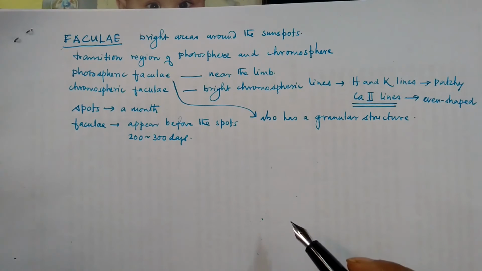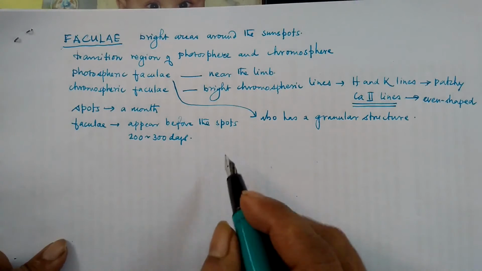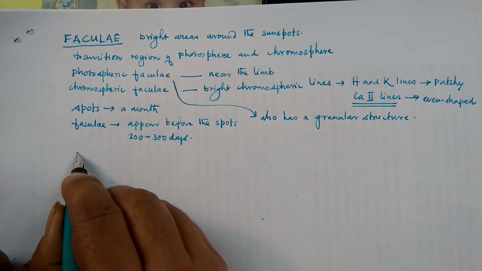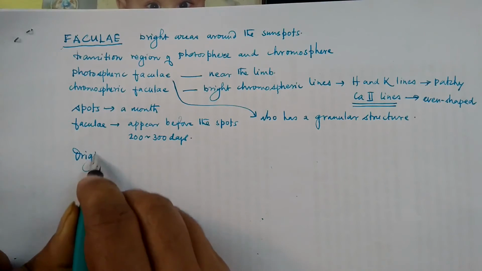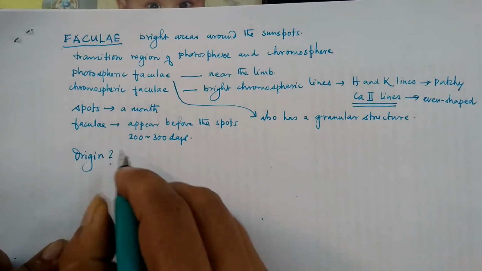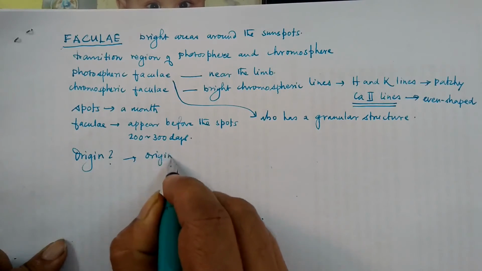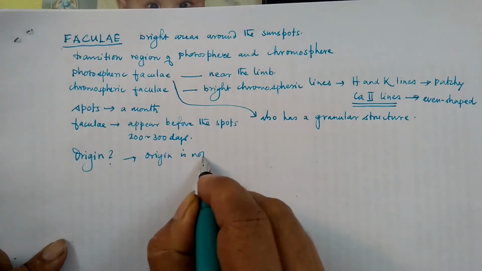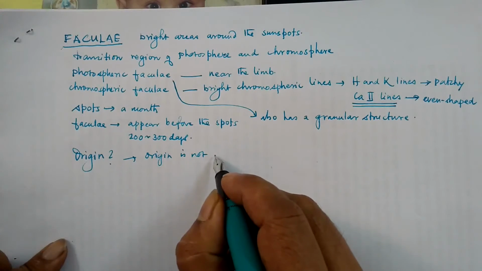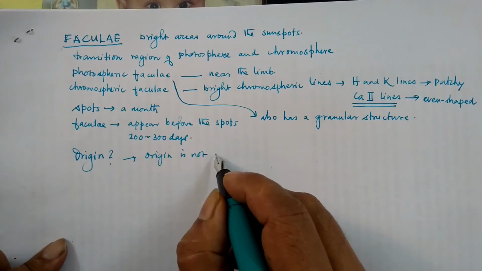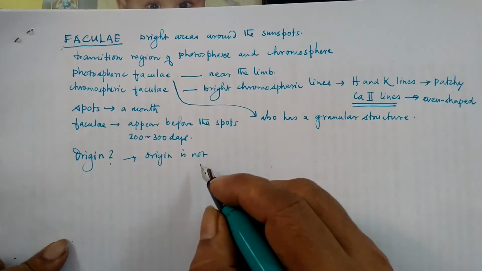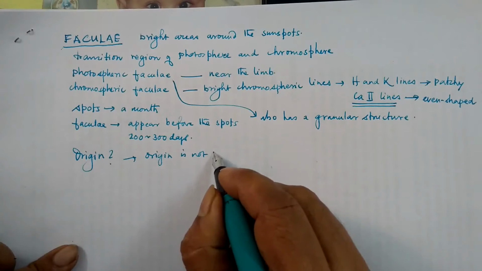So why do these faculae form? What is the origin? Now this origin is not very well known.